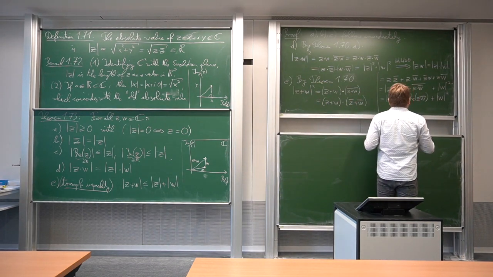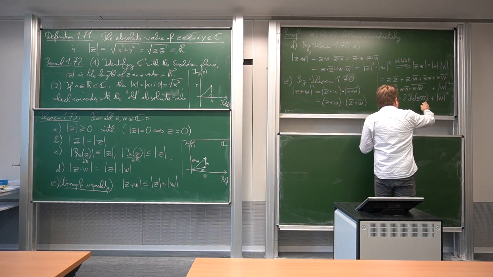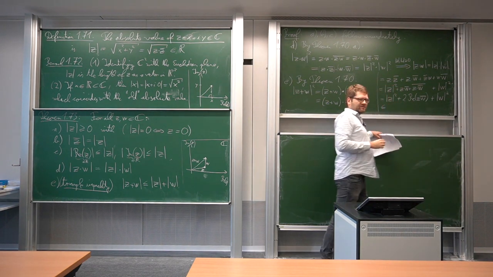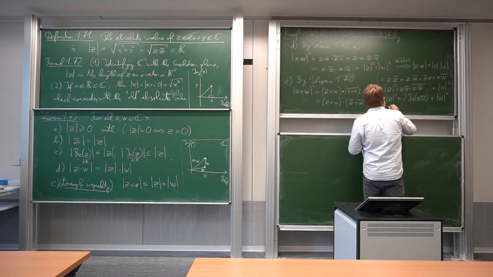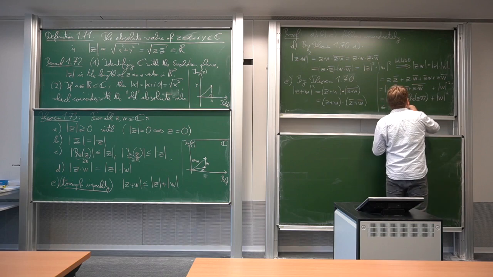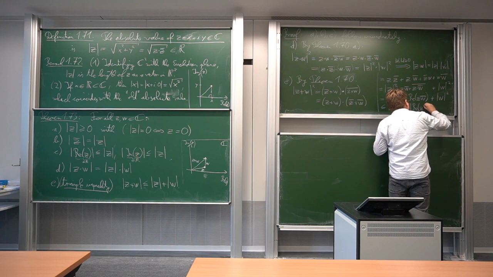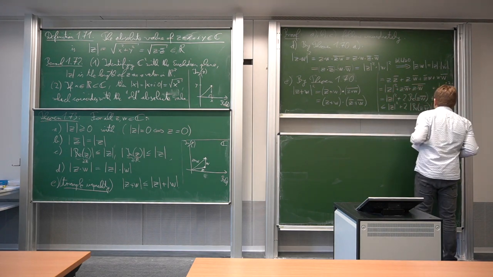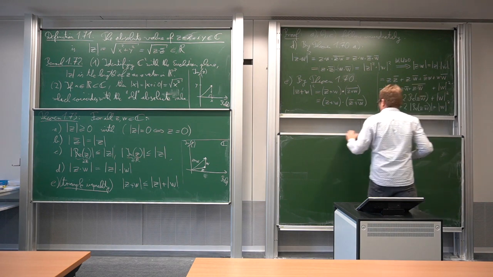First of all, this is a real number, and for a real number we know that always a number is bounded from above by its absolute value. So this is smaller than or equal to the absolute value of z squared plus twice the absolute value of the real part of z w bar plus the absolute value of w squared.